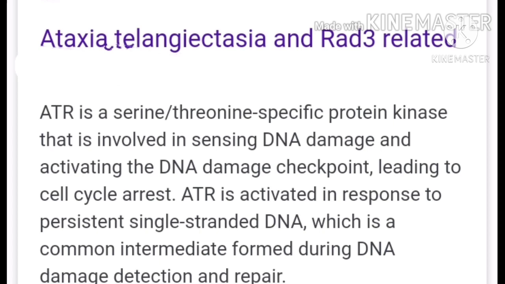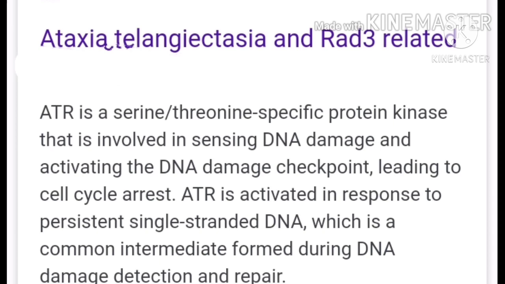The full form of ATR is ataxia telangiectasia and RAD3 related protein kinase. They are mainly involved in sensing DNA damage, and thereby activating the DNA damage checkpoint. That eventually leads to what? Cell cycle arrest.